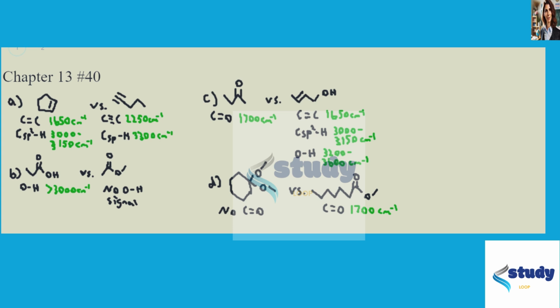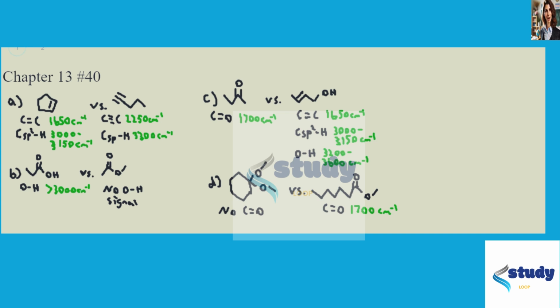And so for A, we have a cyclopentene versus this alkyne. The cyclopentene is going to show a carbon-carbon double bond at roughly 1650 and a C-sp2 hybridized hydrogen, so an sp2 hybridized carbon-hydrogen bond.